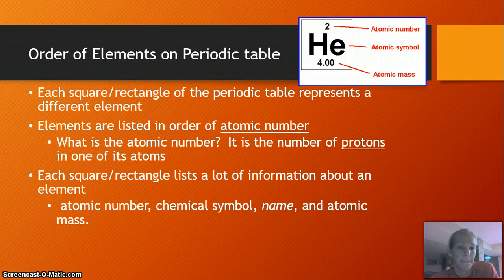So, order of elements on the periodic table. If you look on the periodic table that is actually on your student notes, you should be able to locate helium. Notice that there is a 2 as one of the numbers with helium. The 2 represents the atomic number.